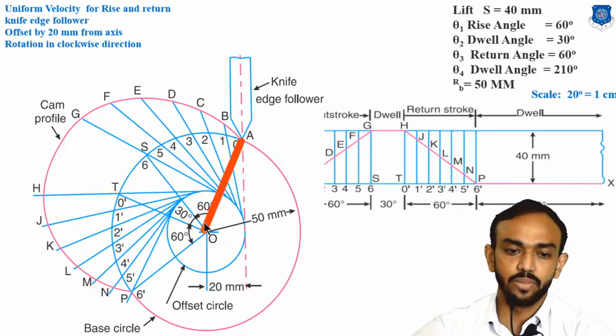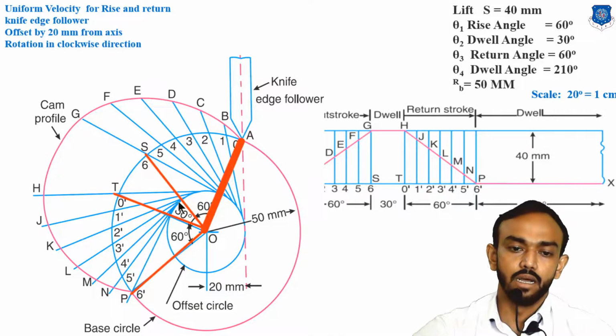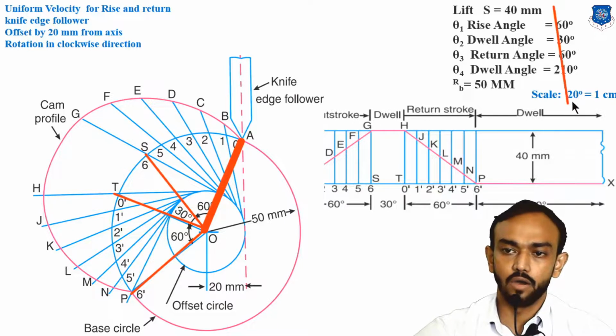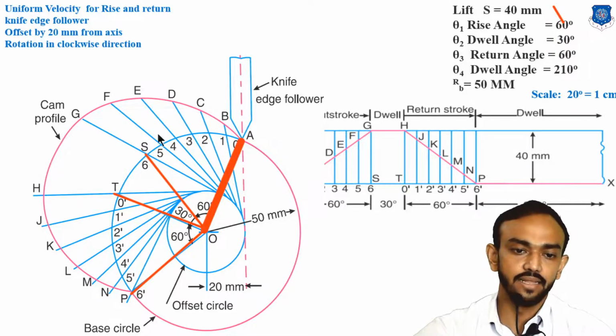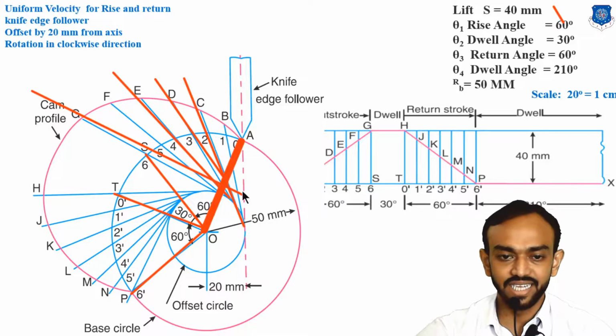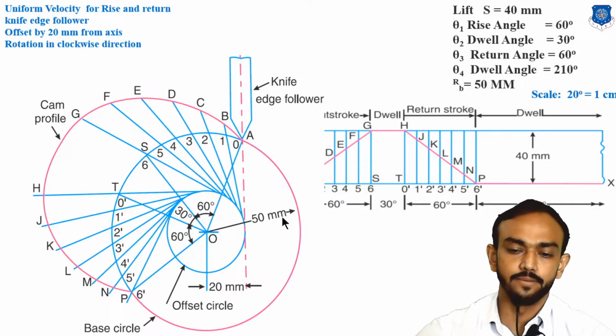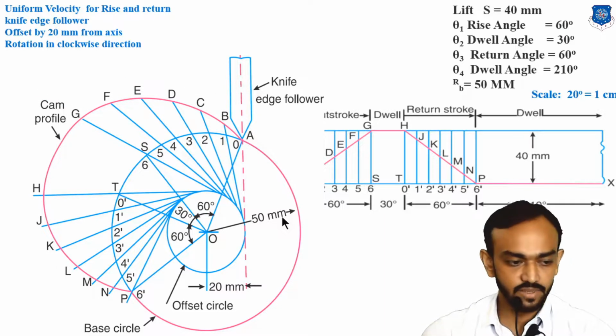After that you make all the angles like this, 30, 60 and again 60, this 4-part partition as per the given data, and then all lines should be tangent to the offset circle and pass through all the points. You will draw this cam profile. Thank you.